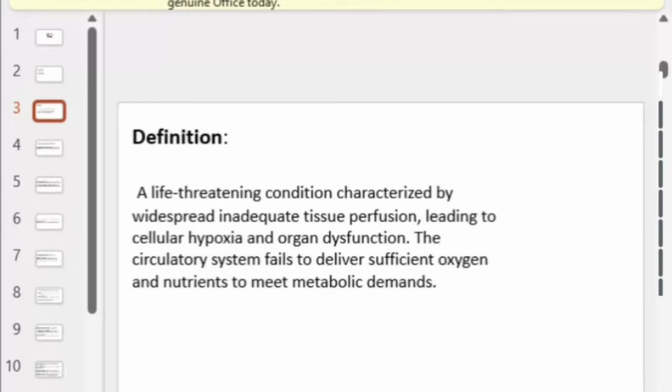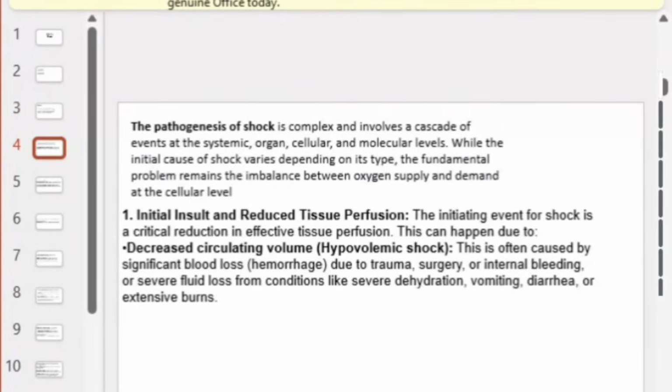Under the pathogenesis of shock, this pathogenesis is complex and involves a cascade of events at the systemic, organ, cellular, and molecular levels.